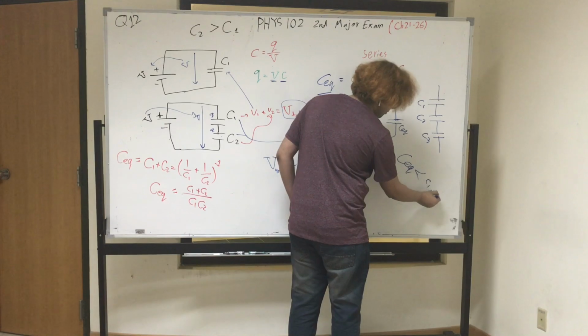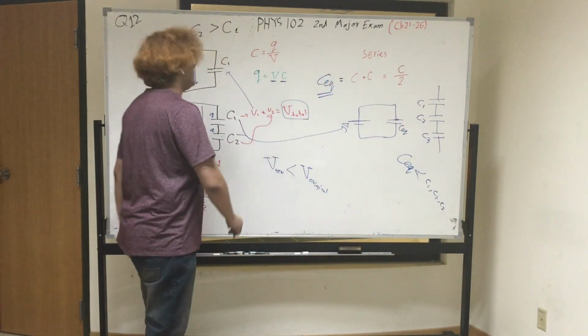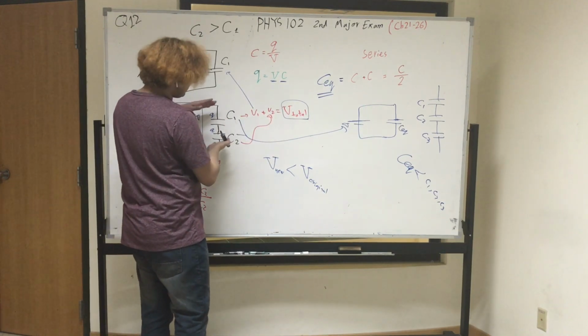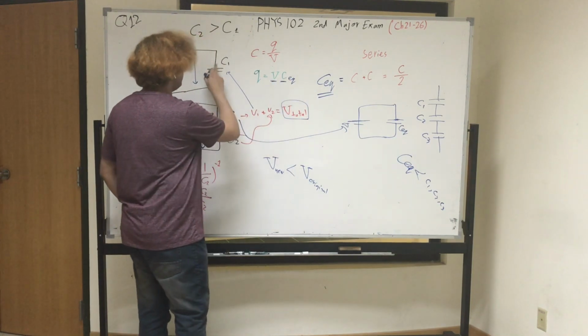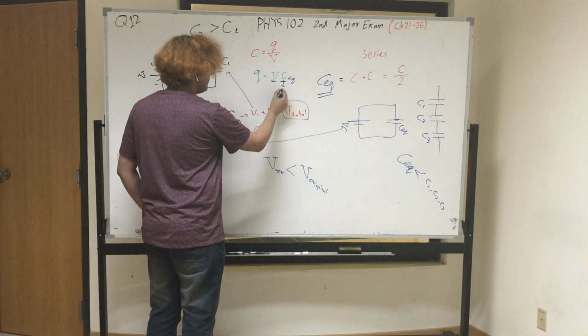What does this mean? It means that the capacitance of the equivalent capacitor of these two is going to be less than C1 and less than C2. So this value will be small.